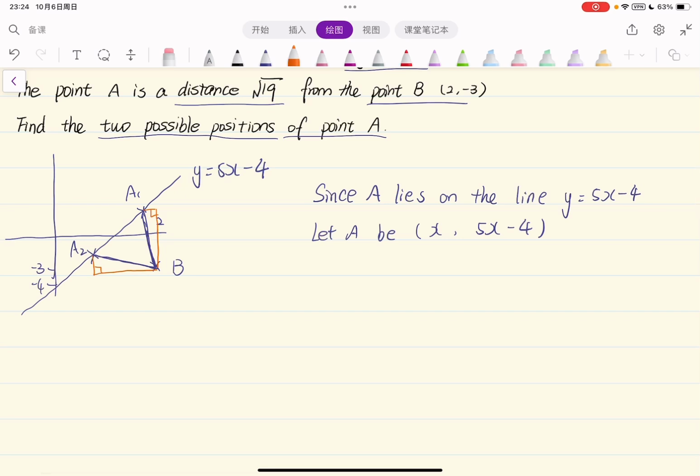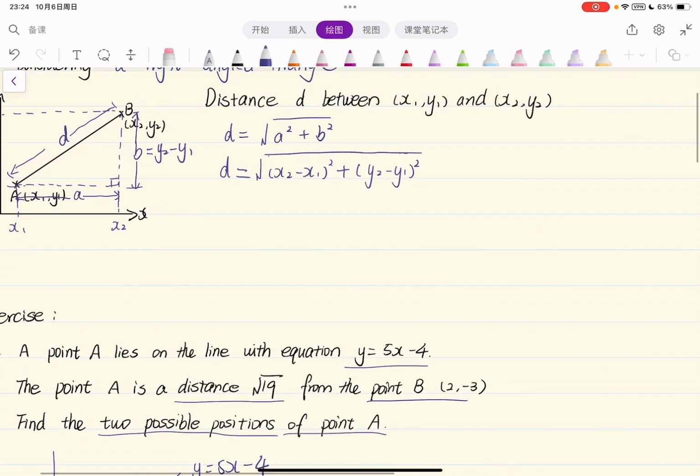We can write that the distance between A and B is D equals to, so we know that D equals to square root of x2 minus x1 square that and y2 minus y1 square of that.